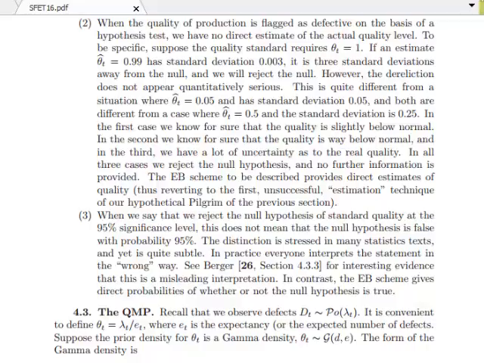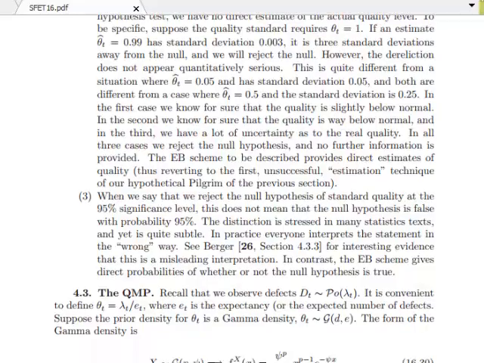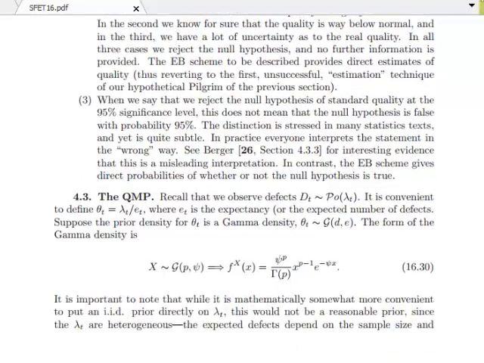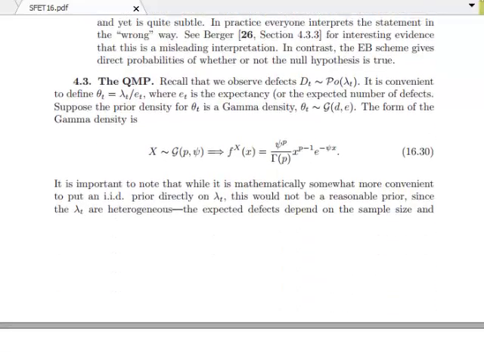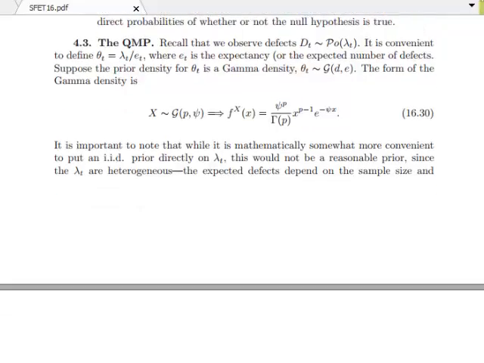So even though 5.1 is also a violation and 7 is also a violation, 7 is much more serious than 5.1. So treating them the same is not reasonable. Also, when we reject the null hypothesis at 95% significance level, this doesn't mean that the probability that the null hypothesis is false is 95%. There's a complicated interpretation.